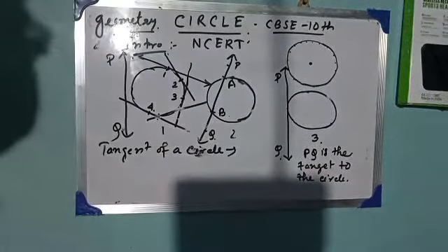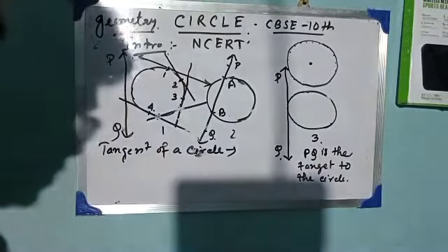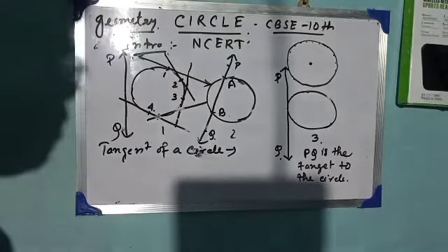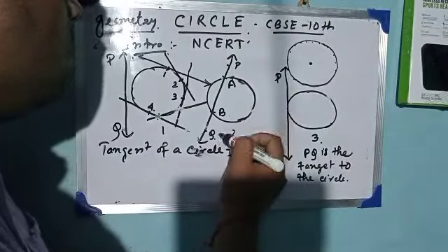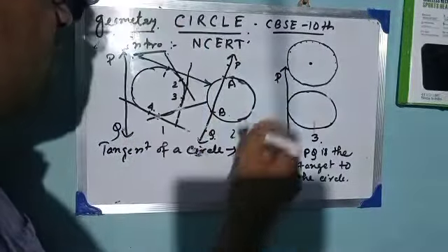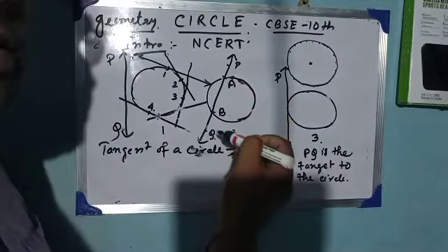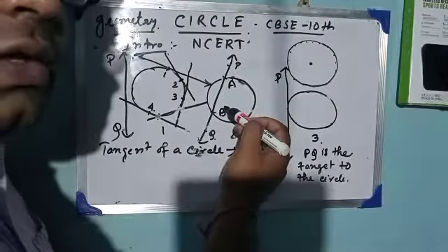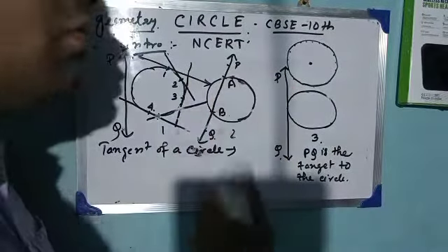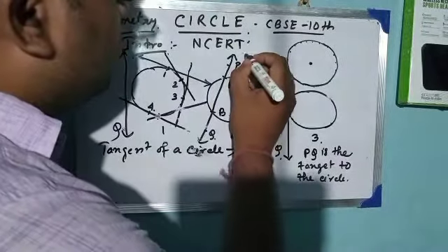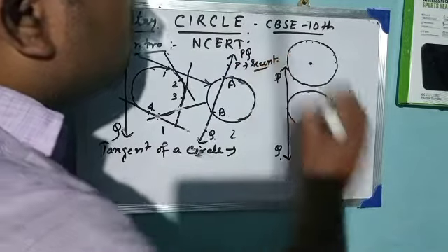Now here one important statement is also given. The tangent to a circle is a special case of a secant. What is a secant? This PQ is a secant, meaning a line which passes through the circle and cuts the circle at 2 points, that is A and B. So this PQ is called a secant.